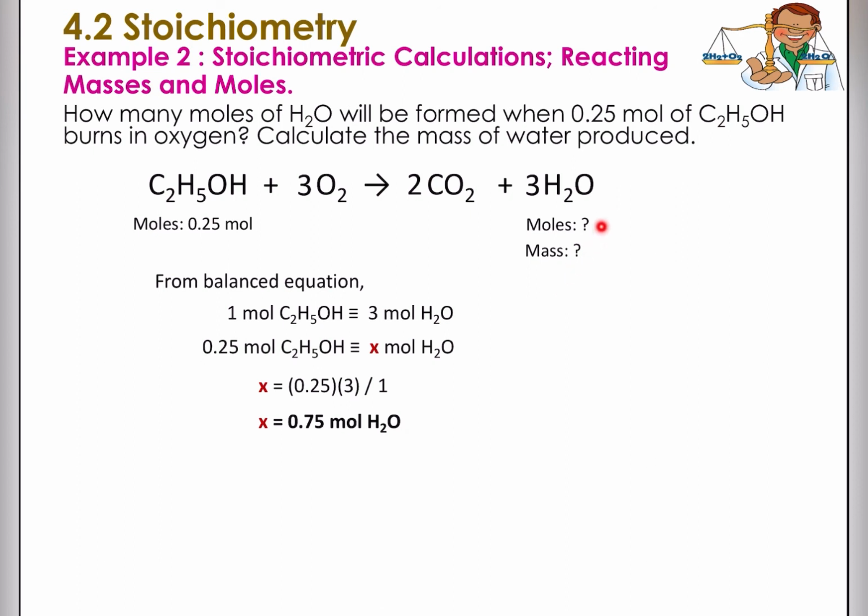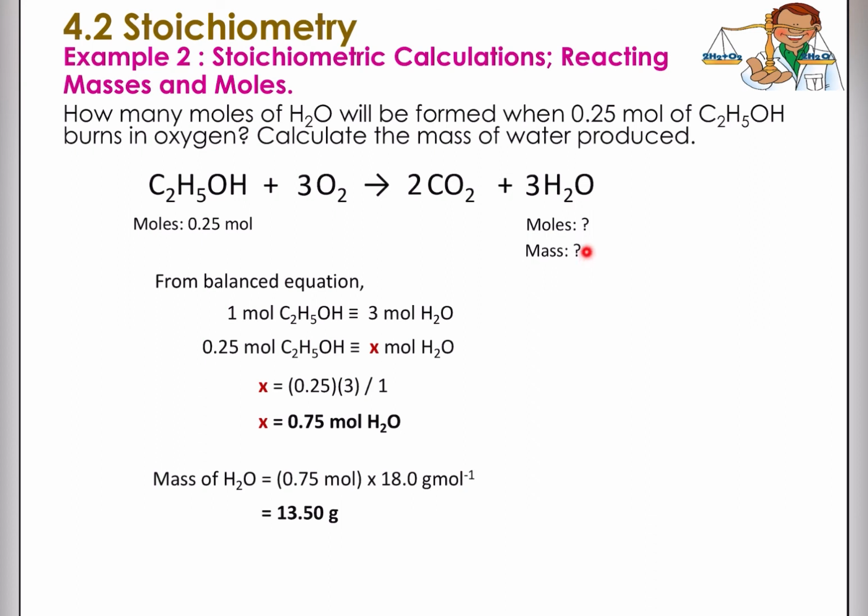Saya dah calculate moles untuk H2O. And the next question, I need to find out the mass. So from the moles, I can calculate the mass of H2O where I times with 18.0 gram per mole. Molar mass for water. And then my answer is going to be 13.50 gram.